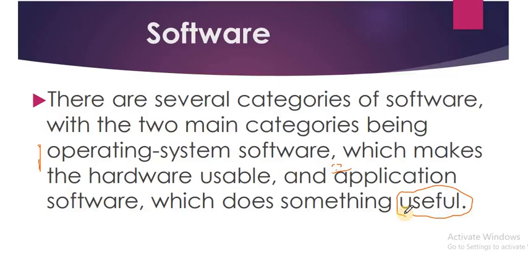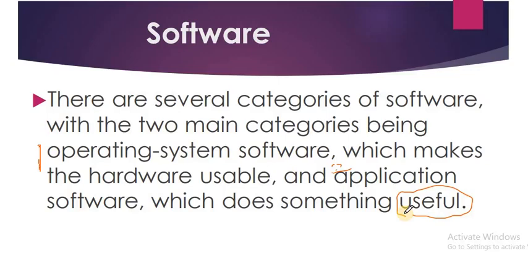But application software is the software that we install for a specific purpose. For instance, you want to play games on your computer. There are no games on the hardware when you bought the computer. You have to install the games because you want to play them.